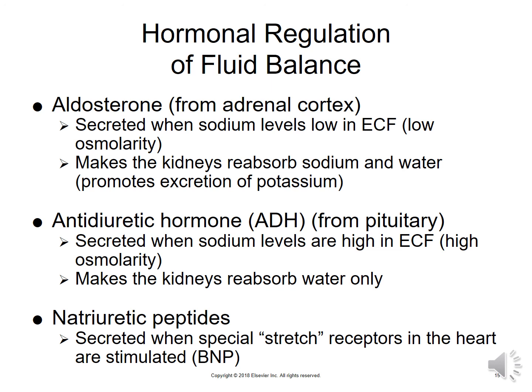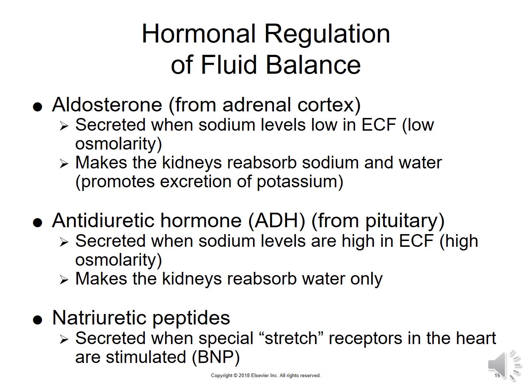natriuretic peptides. These are secreted when special stretch receptors in the heart are stimulated. And this is the BNP that we look at on our labs, the brain natriuretic peptide, all right? So it's secreted when special stretch receptors in the heart are stimulated.